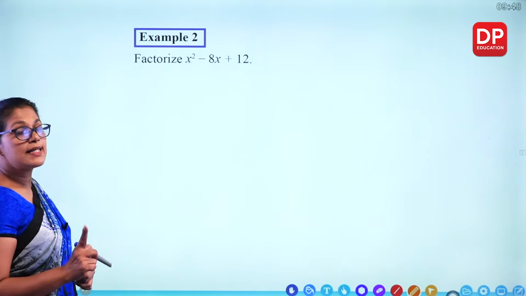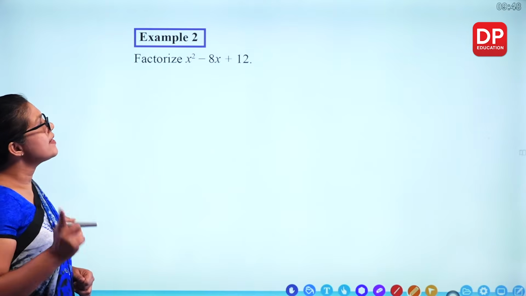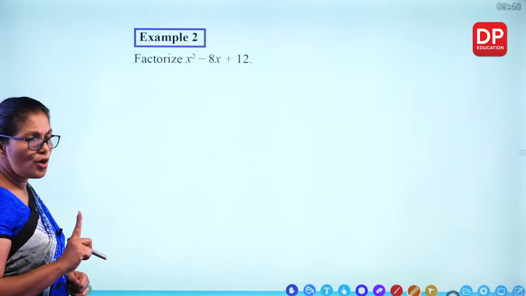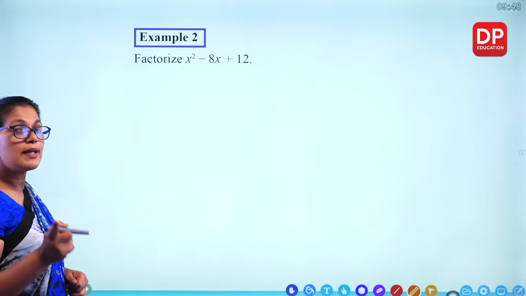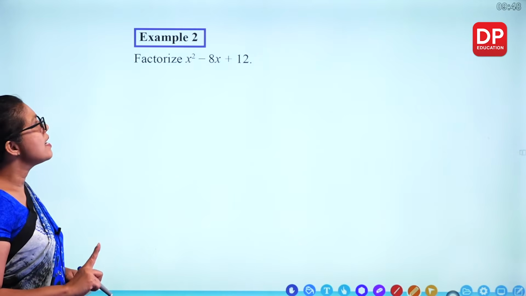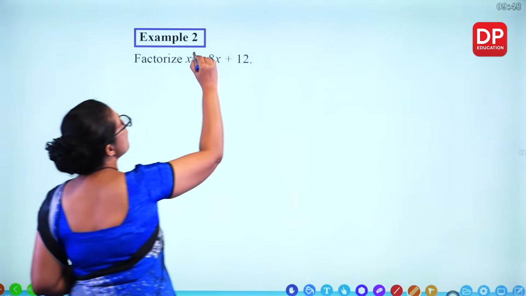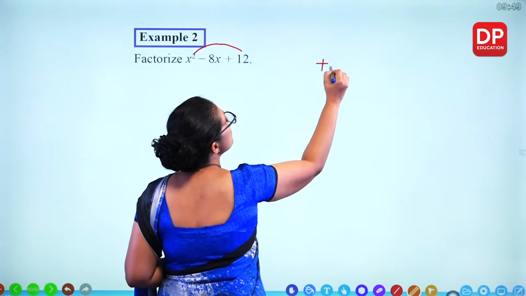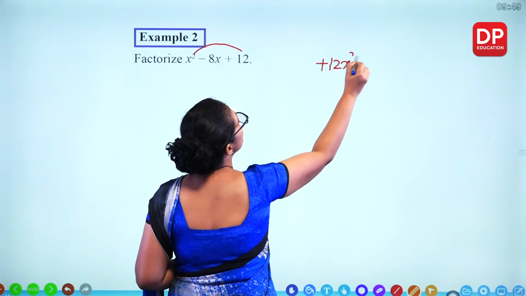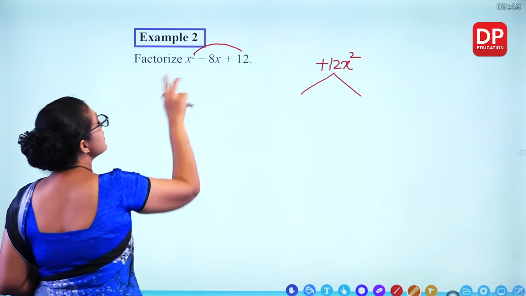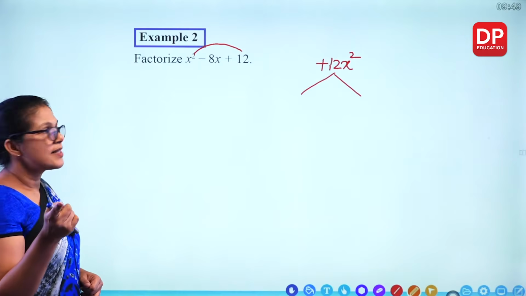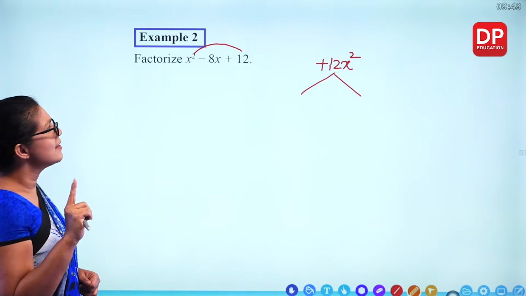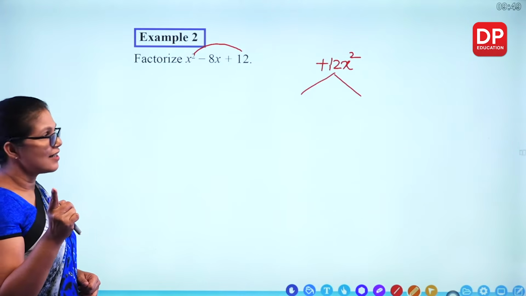This one, middle term is negative and the other one is positive. So what you do, when you find out the factors, the larger factor should be negative. So we'll try to find positive 12x squared and find the factors so that the difference is minus 8 or the addition.